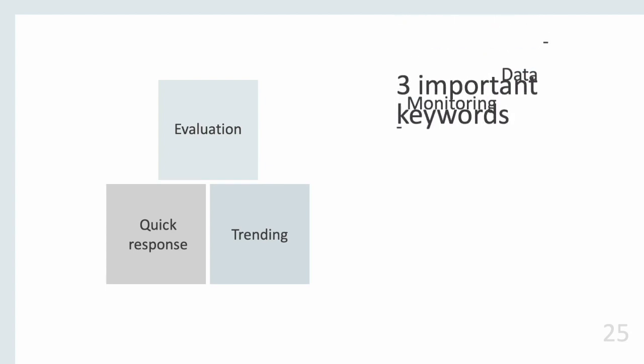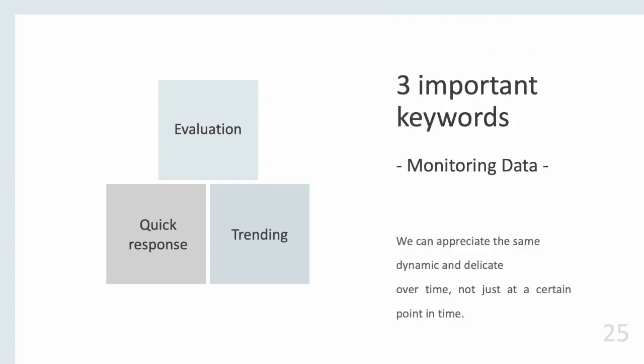Have you ever had difficulty adjusting ventilator settings even when all the physical findings, imaging data, and blood gas results are available? I myself am always struggling with ventilator management. Evaluation, quick response, and trending. These are three key words when using monitoring data related to ventilation.